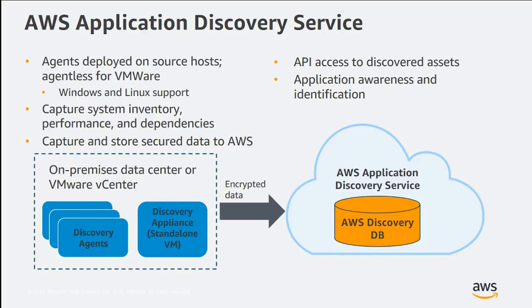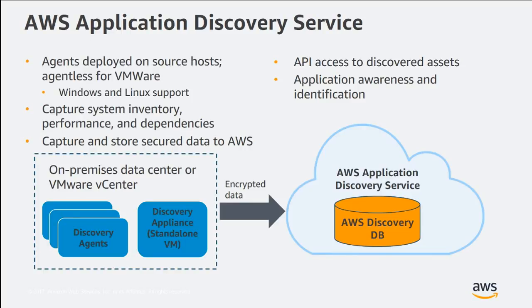You can also alternatively deploy one VMware appliance, what we call a connector, to your vCenter, and it will talk to the vSphere APIs and collect information about all the VMs running on your vCenter instance. The connector can collect similar information to the agent, but it does not collect network dependencies or process information.